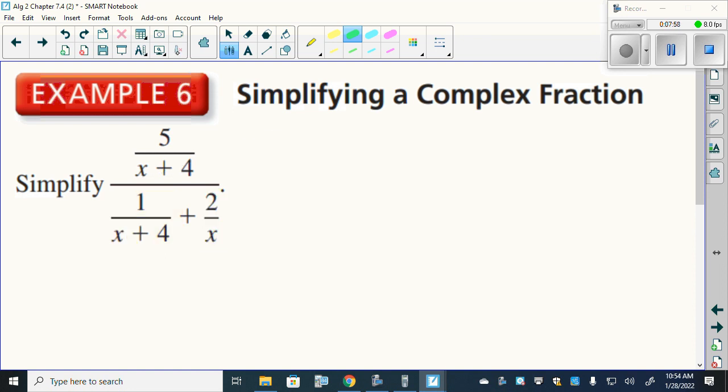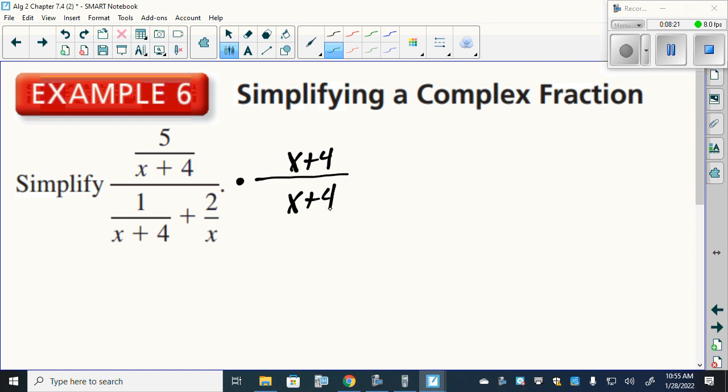Well, so realistically, if I multiplied the numerator with an x plus 4, it would simplify out all the fractions, yes? And if I multiplied the denominator by an x plus 4, well, it would simplify one of them, yes?